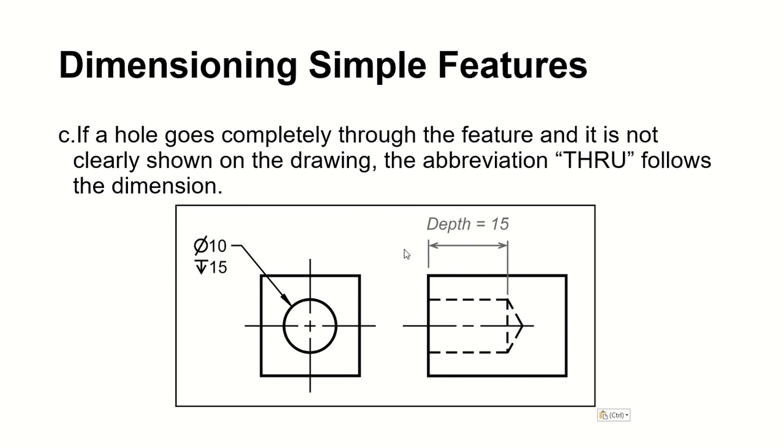Anyway, what it means is if your hole is not blind but it's through, it goes all the way across your object. This hole is not going to stop right there, but it's going to go all the way out. At that time, we're going to use the abbreviation through, and you will follow that dimension.